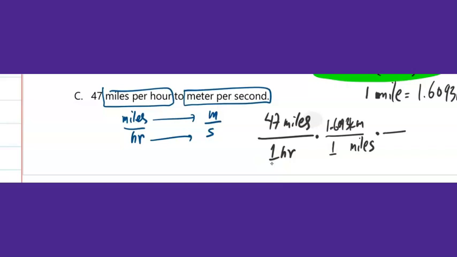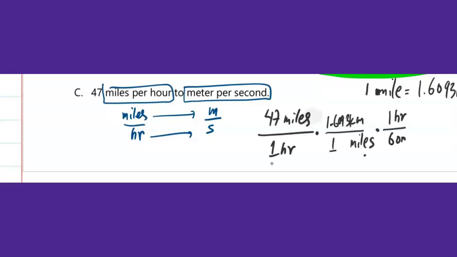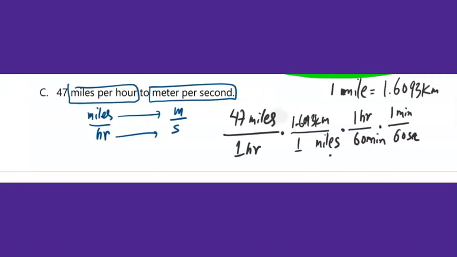and again 1 minute equals 60 seconds, right? So if you do that, you get kilometer in the top, but still you can multiply by 1000 meter divided by 1 kilometer, because 1 kilometer equals 1000 meter.